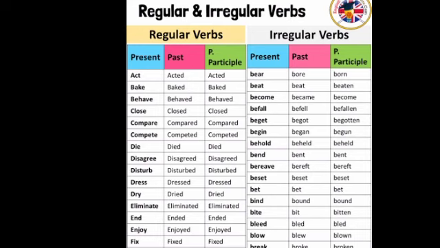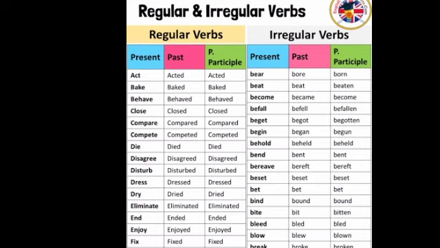Compare, compared, compared. Complete, completed, completed. Compete, competed, competed. Die, died, died. Disagree, disagreed, disagreed. Disturb, disturbed, disturbed. Dress, dressed, dressed. Here in all these verbs, past tense and past participles are formed by adding D or ED.